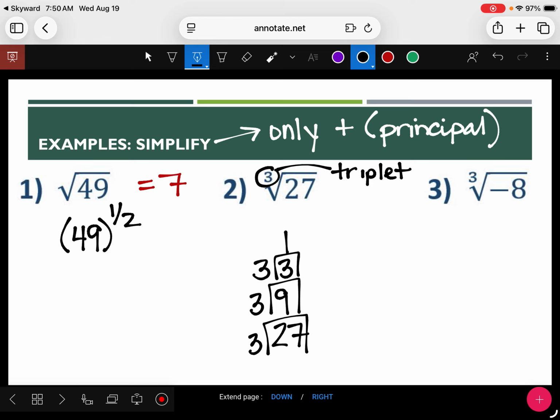So does everyone see that I actually have one set of triplets? Just one set. And that one set is a set of 3. So this would equal 3. And again, to write this with a fraction, it would be 27 to the 1/3. That's what that would equal.